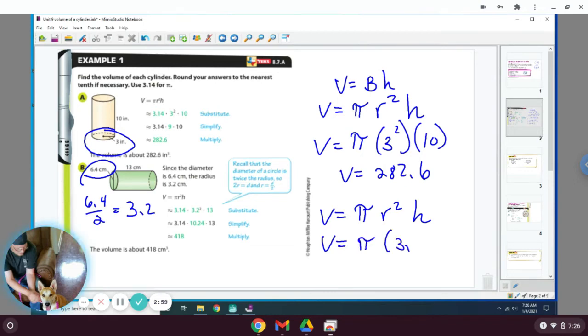Then we do 3.2 squared times the height, which is 13. Type that into our calculator, and you get 417.99, which they rounded up to 418 centimeters cubed.